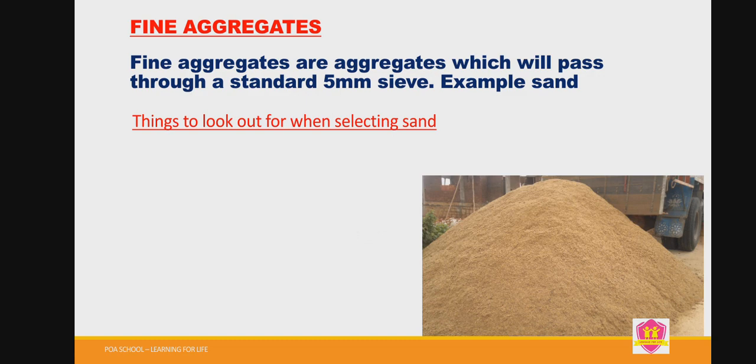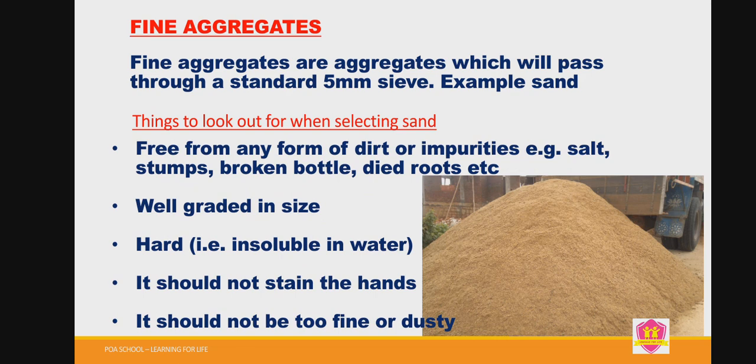One, the sand should be free from dirt or impurities. So when you buy your sand, make sure it is free from salt, stumps, broken bottles, dead roots, and any other substance which will bring deformity in the course of putting up your structure.